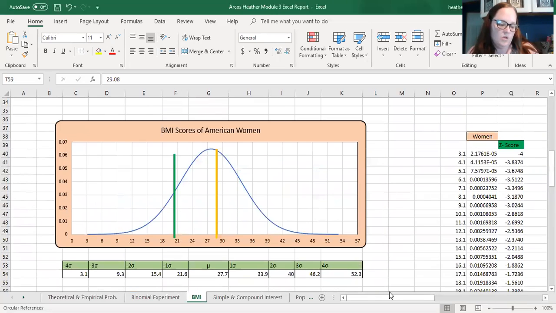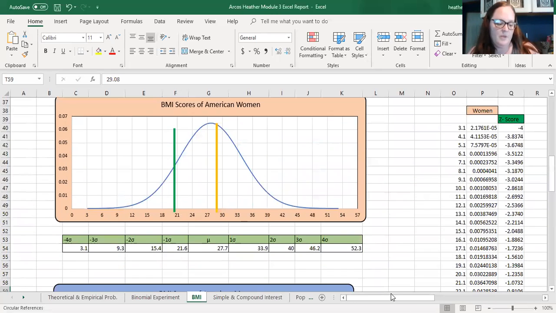Our z-score is the number of standard deviations from the mean of a data point. It's a measure of how many standard deviations below or above the population mean a raw score is, also known as a standard score, and it can be placed on a normal distribution curve.